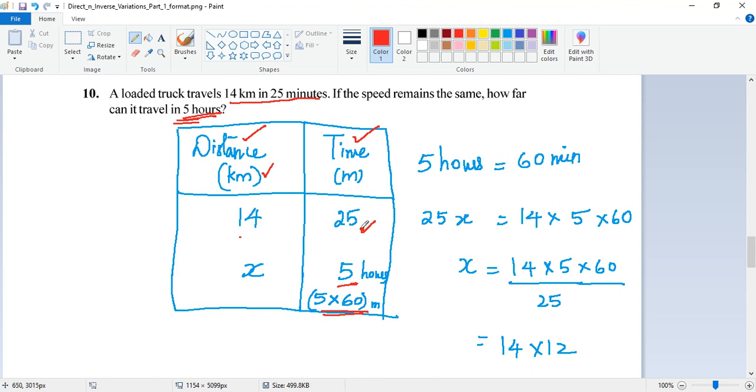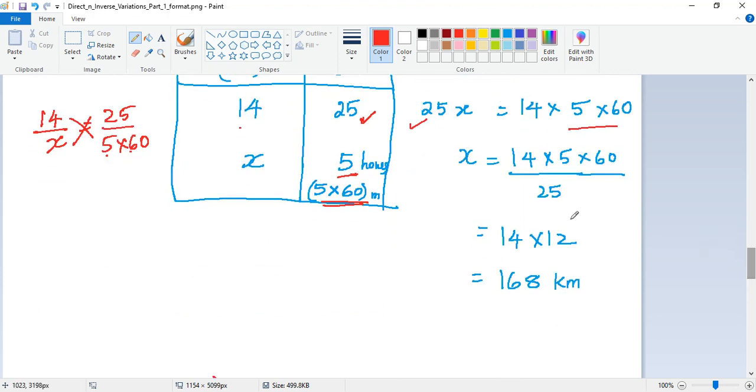Okay. So now you cross multiply. It will be like this: 14 by x equals 25 by 5 into 60. Now you can cross multiply. So you will get 25 into x on one side and 14 into 5 into 60 on the other side. Now you can bring the 25 to the bottom. Then you can simply do the calculation.